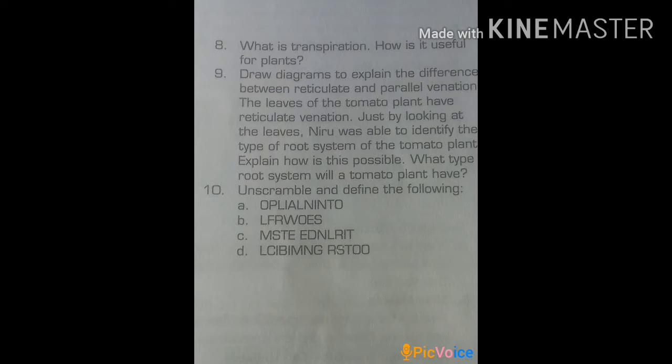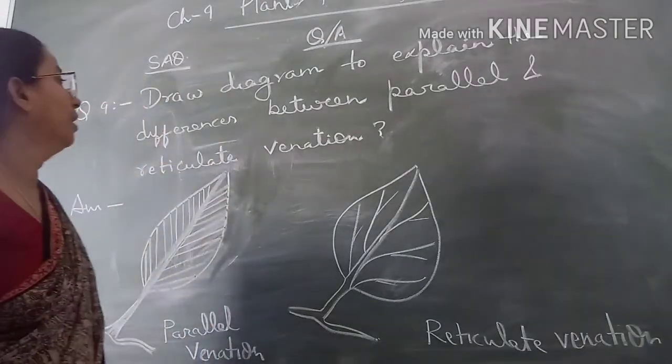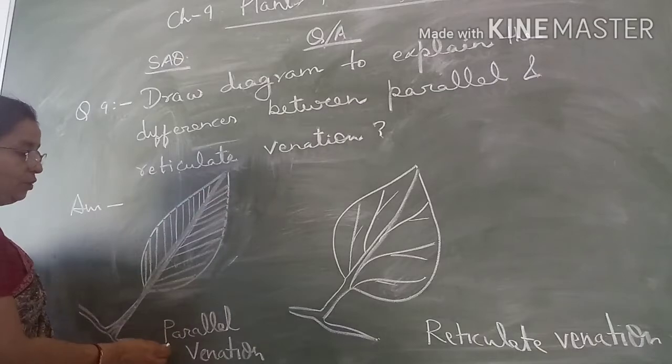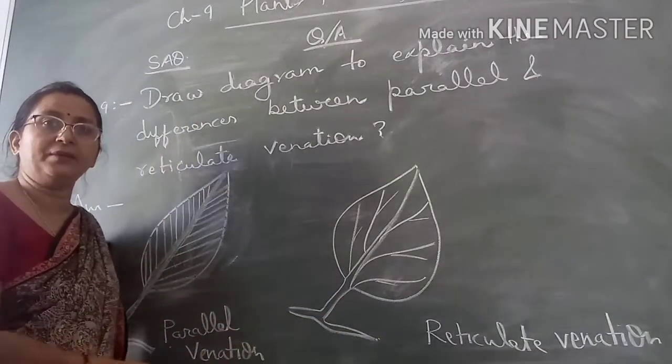First of all, I am discussing draw diagram to explain the differences between reticulate and parallel venation. Let's start one by one. Here you can see two diagrams are given.